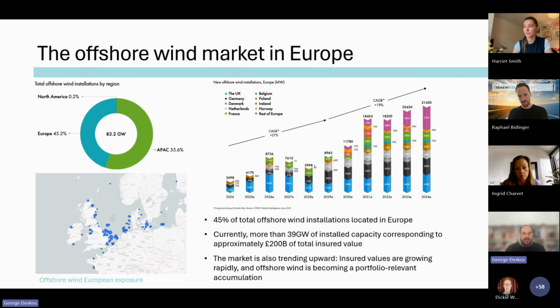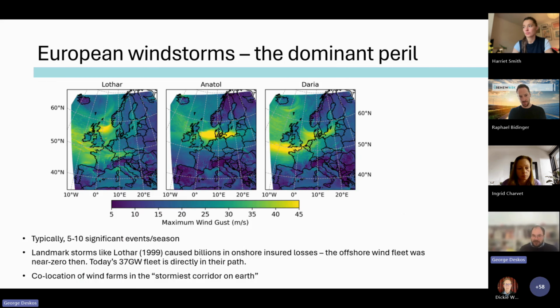Speaking of which, the dominant peril is European windstorms. And this is not something new. Those who have worked in commercial buildings and other exposures know that there have been insured losses in the past. In Europe, we typically see 5 to 10 significant events per season.